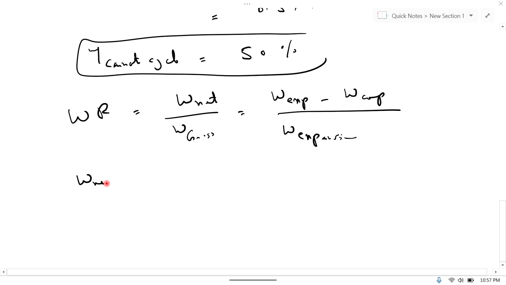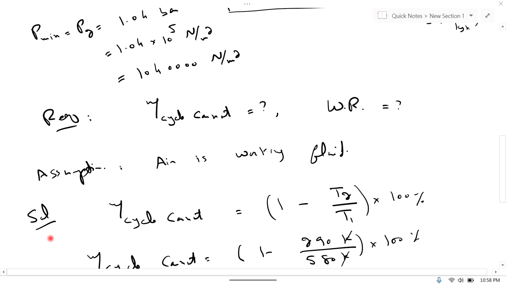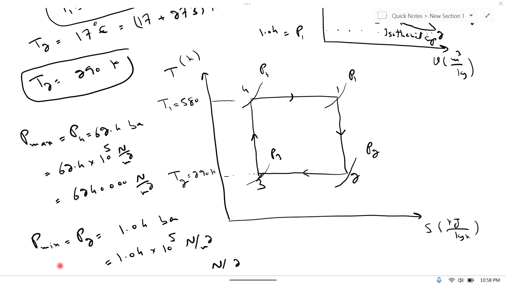From the TS diagram, net work is the area under the curve on the TS diagram. So this area is equal to S1 minus S4 and T1 minus T2. Basically this is S1 minus S4, the area under the curve on TS.